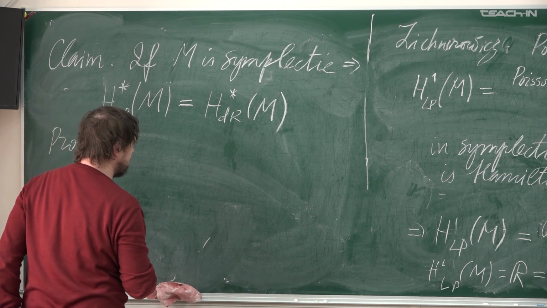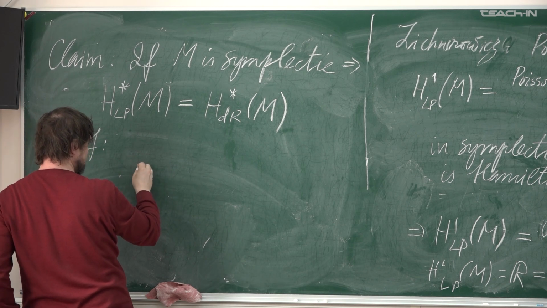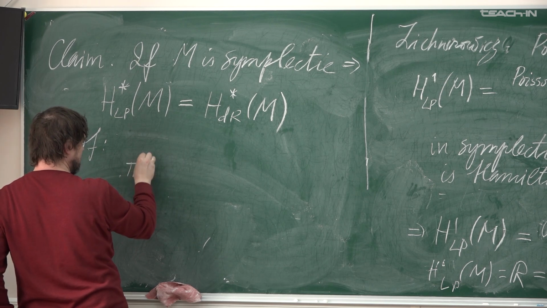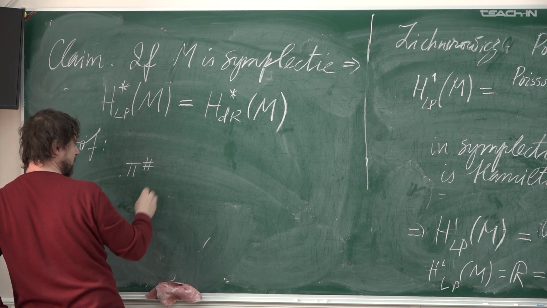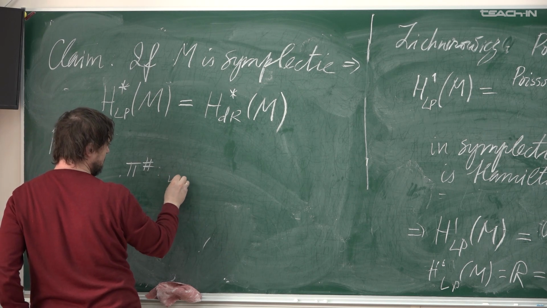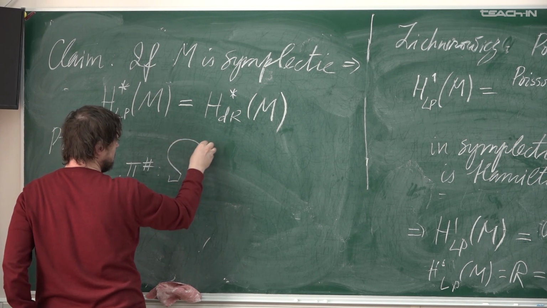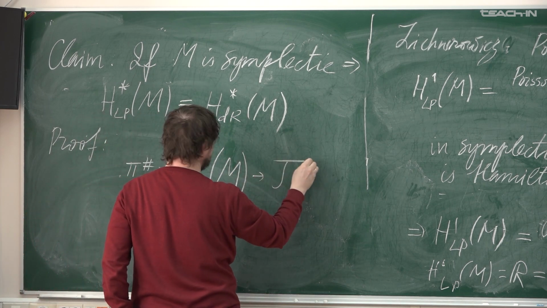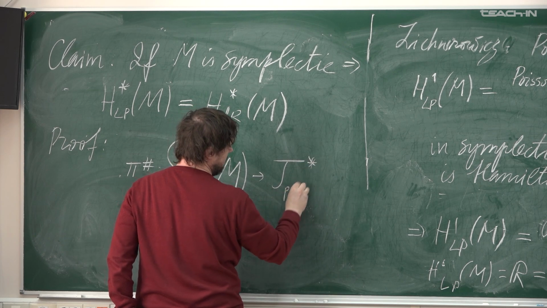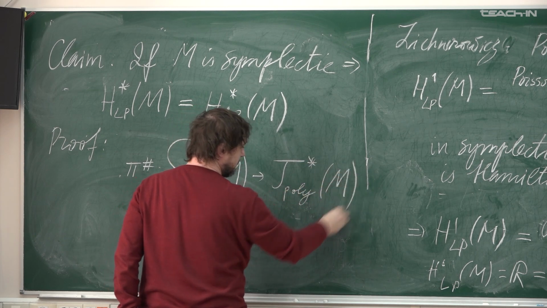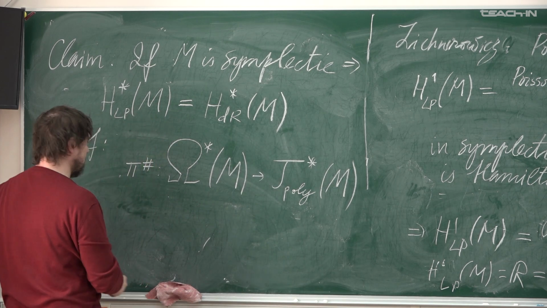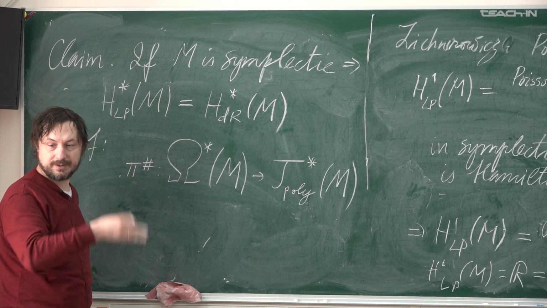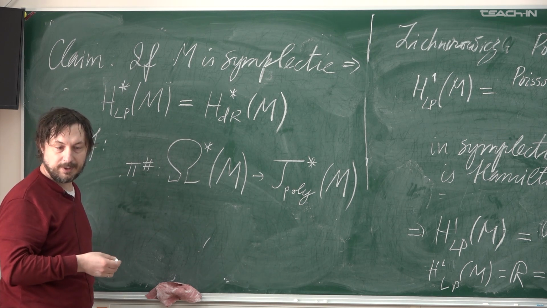Consider the map given by the complete raising of the indices, which I denote by the same symbol pi sharp. This map goes from differential forms on M to polyvector fields on M. This is the raising of all the indices with respect to pi.